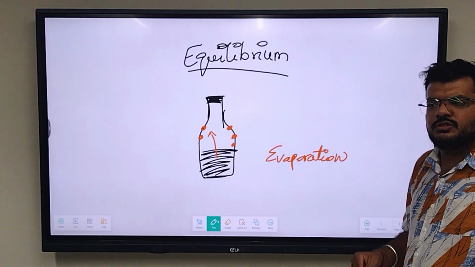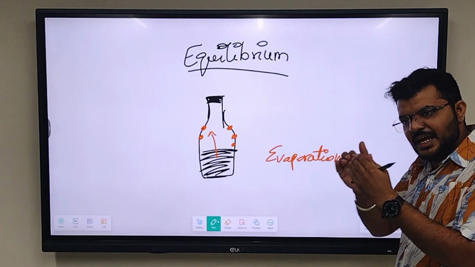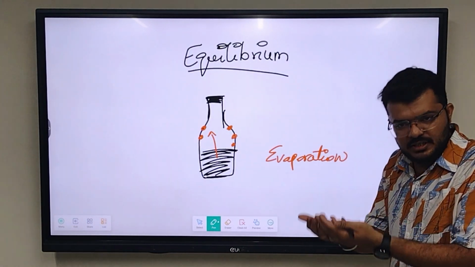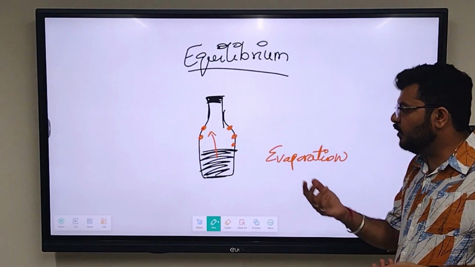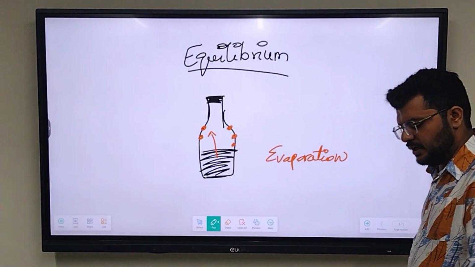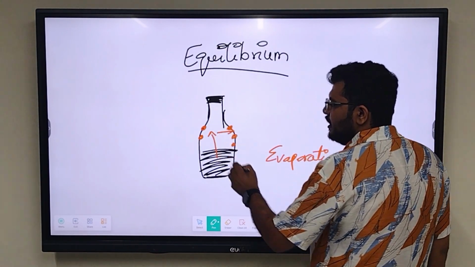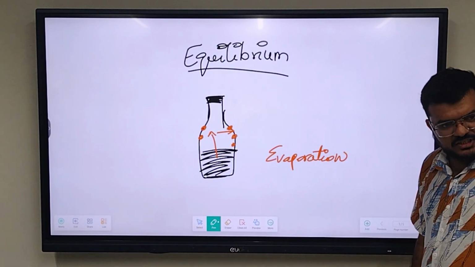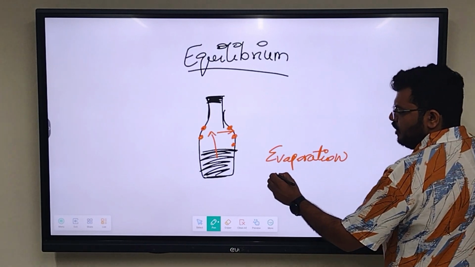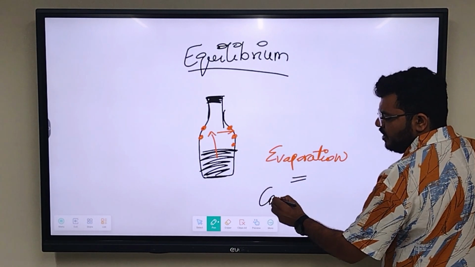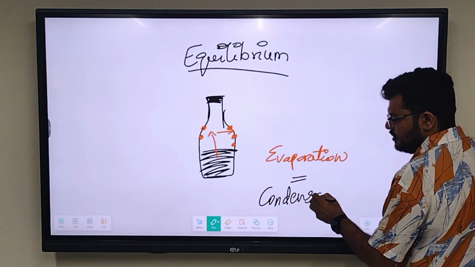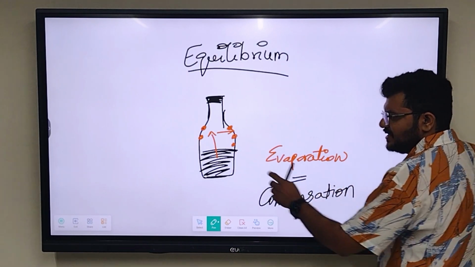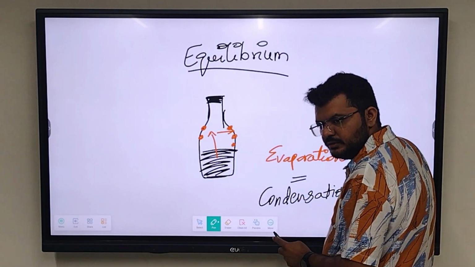So what will also start happening once that saturation point is reached? For any more water to evaporate, some water has to condense also. So after some time, the rate of evaporation is equal to the rate of condensation. Let's say I started with this level of water.